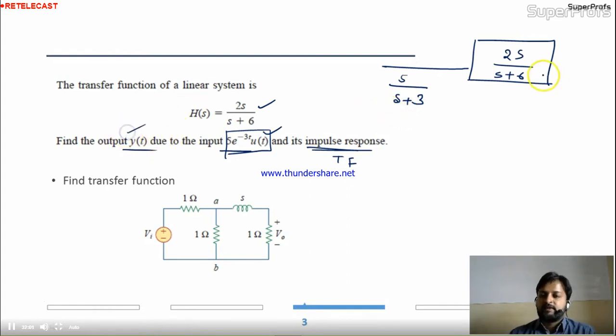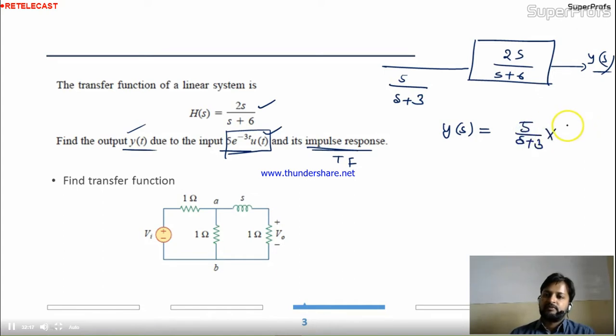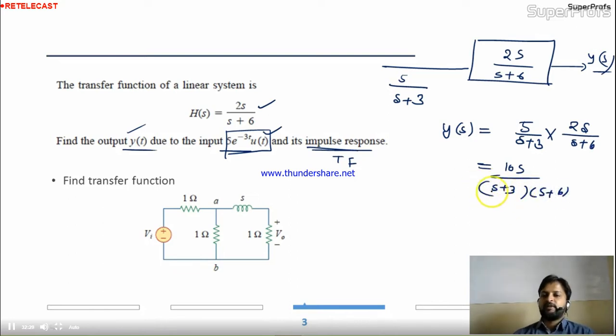Now you are getting y(t). So instead of y(t), you are getting Y(s). Now we can find the Y(s) value, then we will take the inverse of this. So Y(s) is nothing but the multiplication of these two things, right? So 5 over s plus 3 into 2s divided by s plus 6. So this is nothing but 10s divided by (s plus 3)(s plus 6). Okay. So how to solve this?